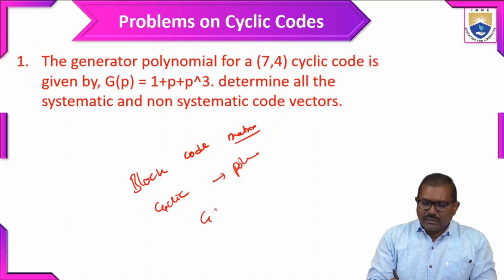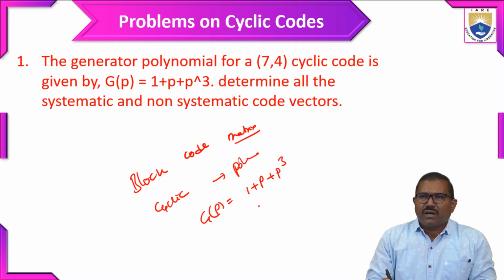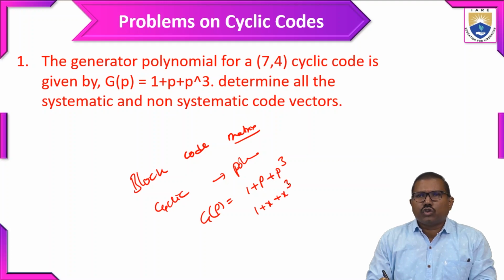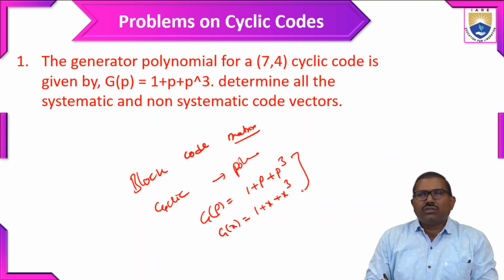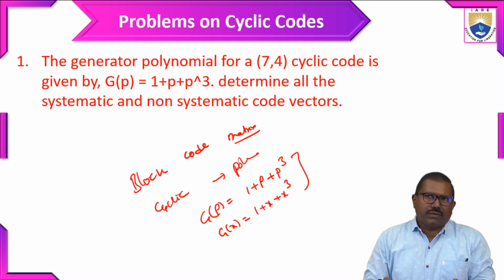Here g(p), the generator polynomial, is given as 1 plus p plus p cube, or in some textbooks 1 plus x plus x cube. Now this is g(x). In this notation, the cyclic codes appear in the syllabus.